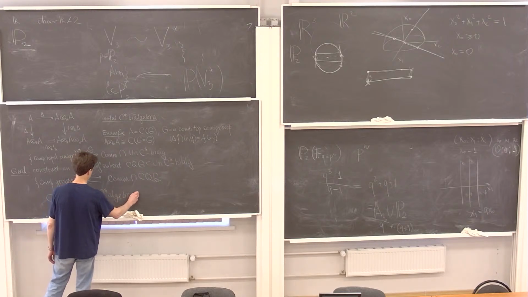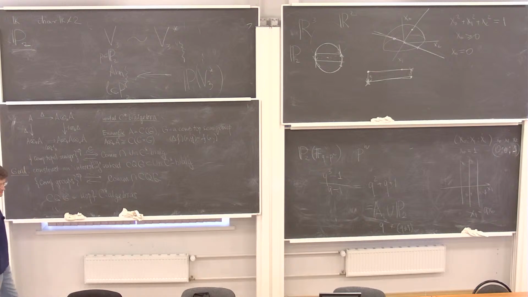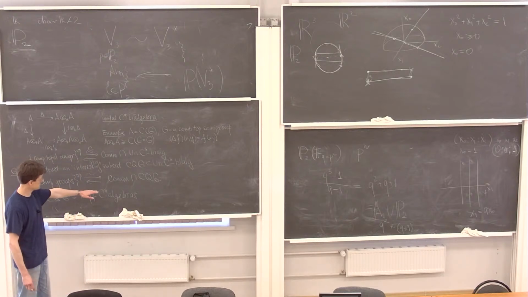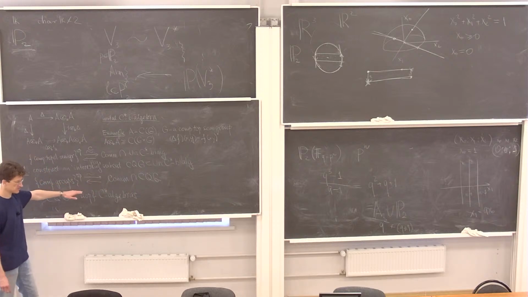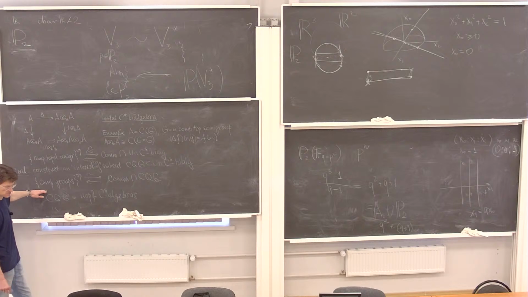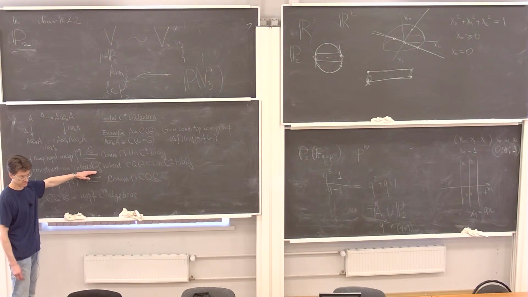This is the first approach which comes to mind. And in fact, the resulting category of compact quantum groups satisfies almost all these conditions. So in particular, we have this equivalence, with the only exception that this category is not interesting enough.